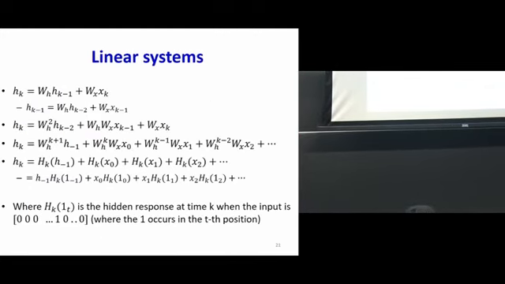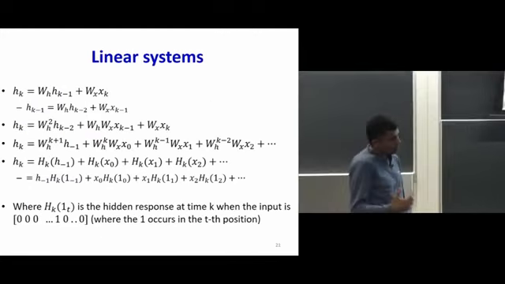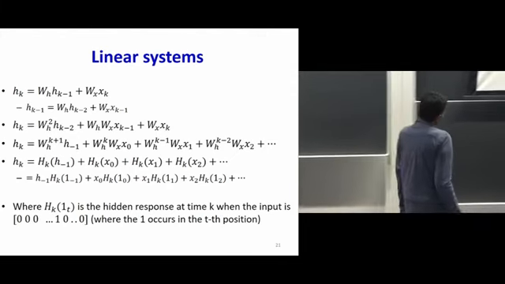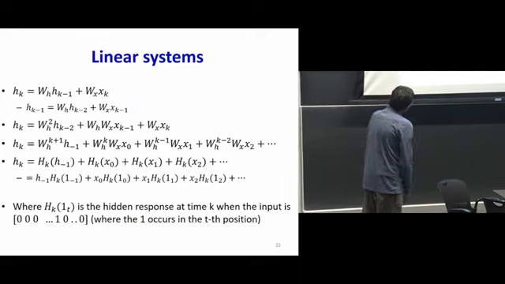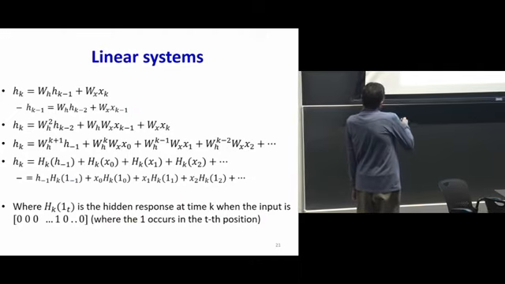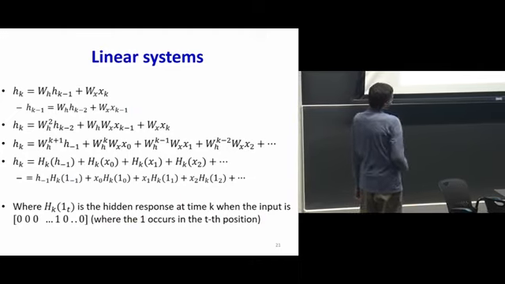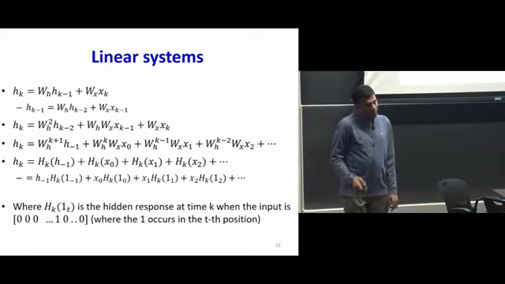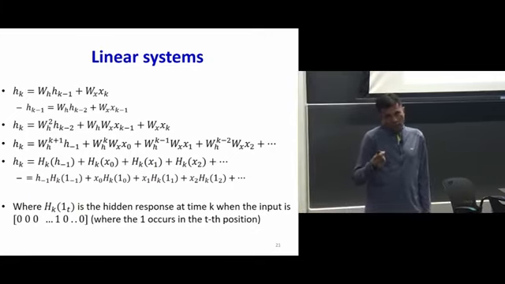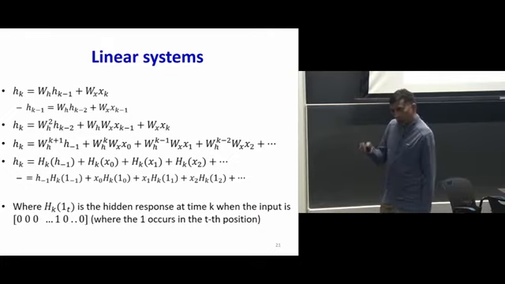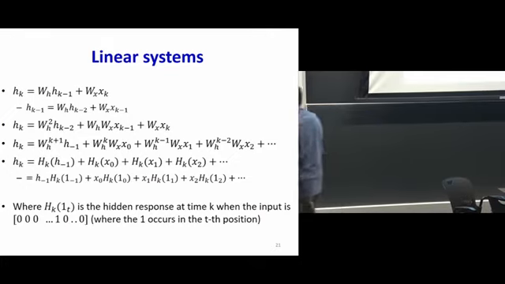Standard, right? So we saw over here, we worked our way backwards, and we saw that what really happens over here is that you can think of the output at any time, k, I'm using k to represent time, as the response of the system to the individual inputs at various times.